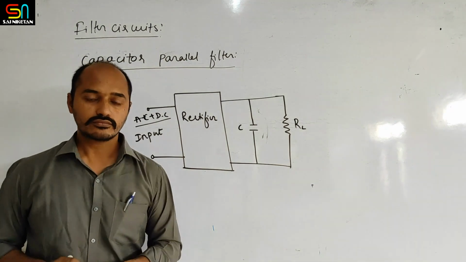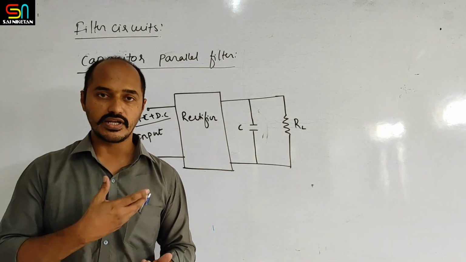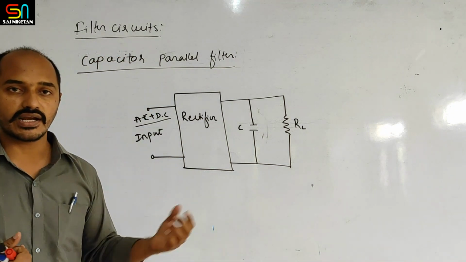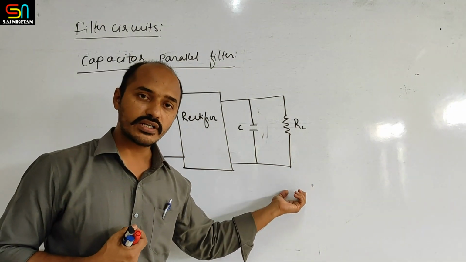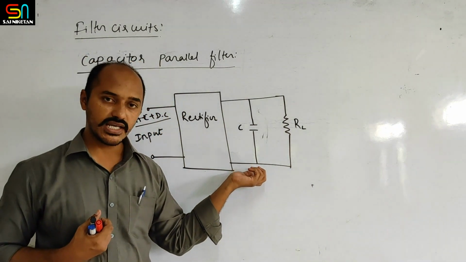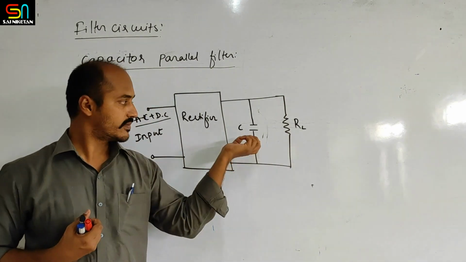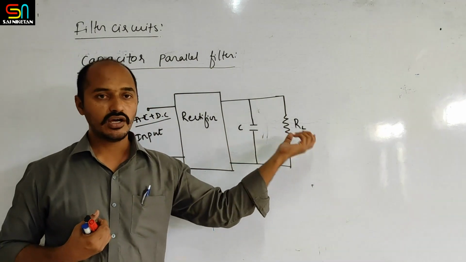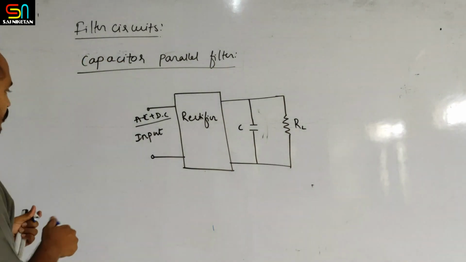So the construction is: the rectifier circuit is connected to the load resistance, and the capacitor is in parallel with the load resistance RL. How it works is very simple.